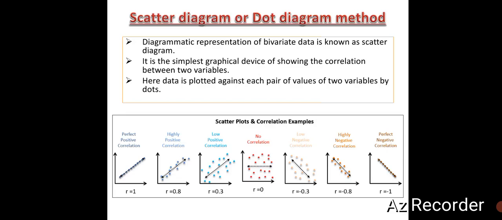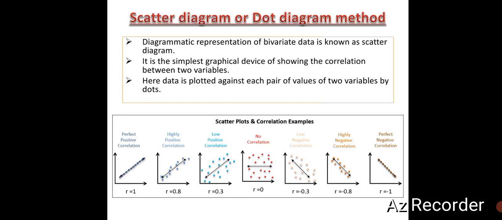Now, if there is a perfect positive correlation, the line should be like the first one. Then highly positive correlation, then lower positive correlation. You see, in perfect positive correlation, all the dots come on that imaginary line. In highly positive correlation, the dots are much closer to the imaginary line.